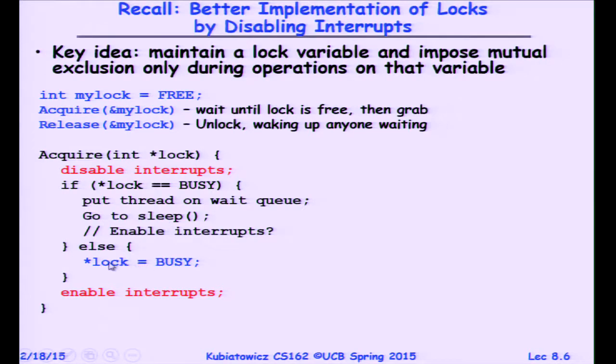Otherwise, we set the lock to busy and we exit and re-enable interrupts. So in theory at least, this implementation disables interrupts, checks some stuff, and re-enables them quickly. Because the lock itself is that integer. And so all we're doing in this very quick disable and enable is manipulating mylock atomically, not the actual critical section that the user is trying to program.